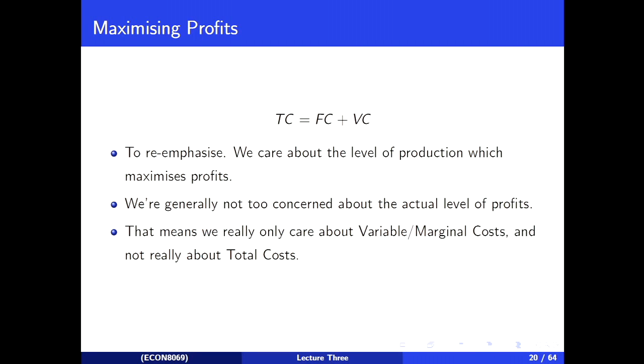So we care about the level of production which maximizes profits, because that's the level of production you're going to make. But we don't care about the actual level of profit, typically. So we care about variable and marginal costs. We don't care so much about total costs. We care a little bit about total costs, as we'll see in week 5, but not that much.